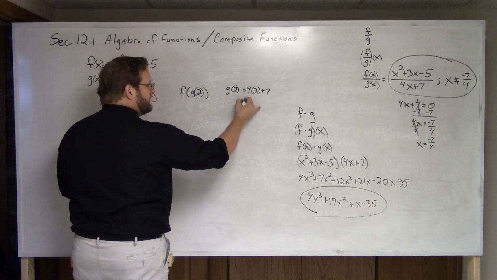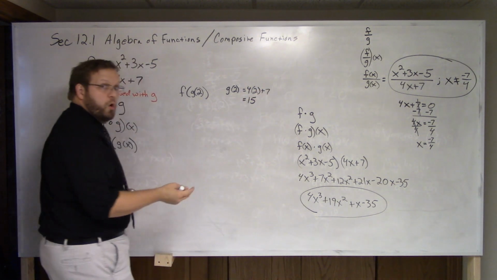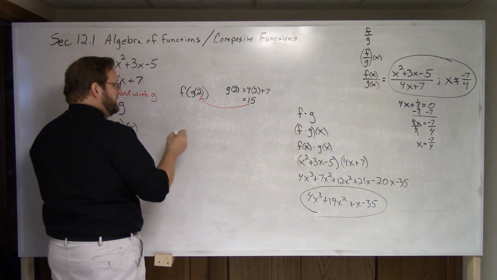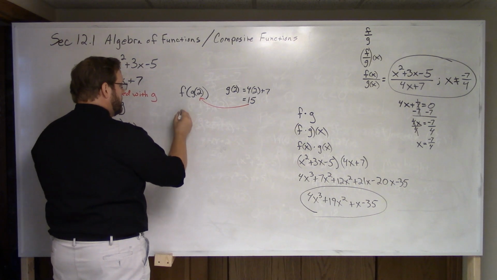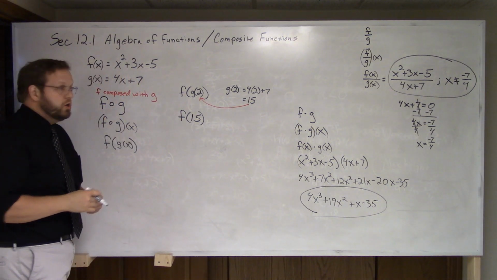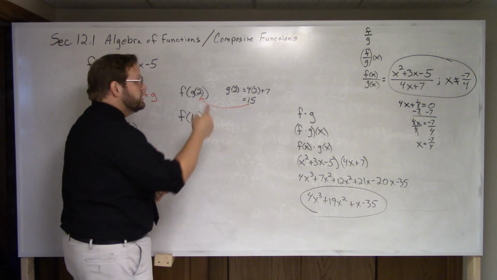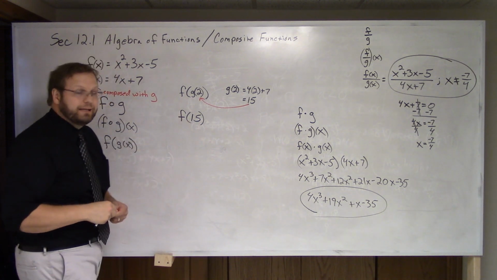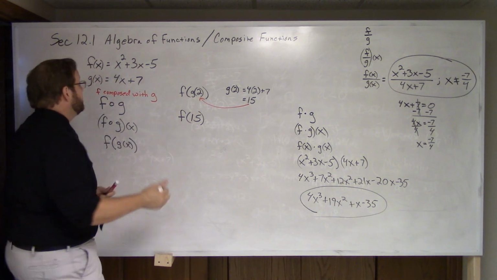That's 8 plus 7 is 15. What I then do is plug that into here. So this turns into f of 15. So input 2, g outputs a 15, which then gets input back into f. And then I would go about it this way.